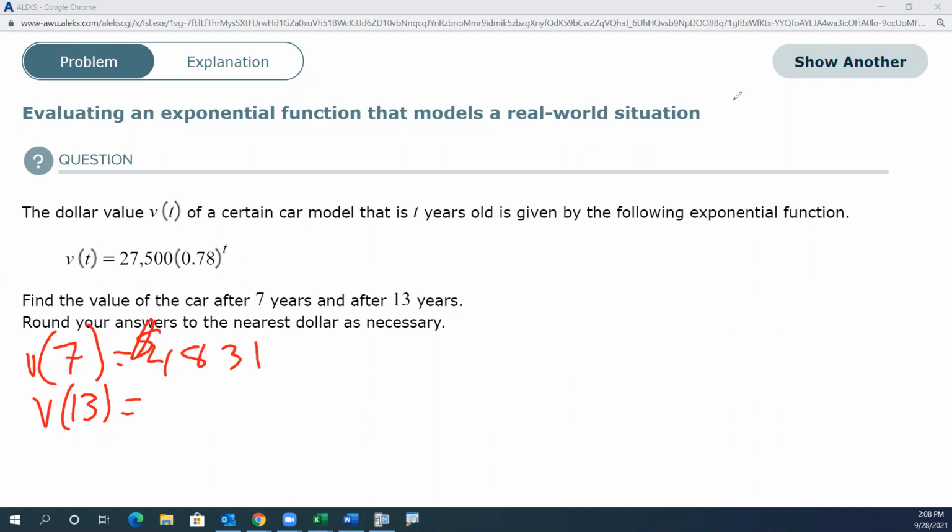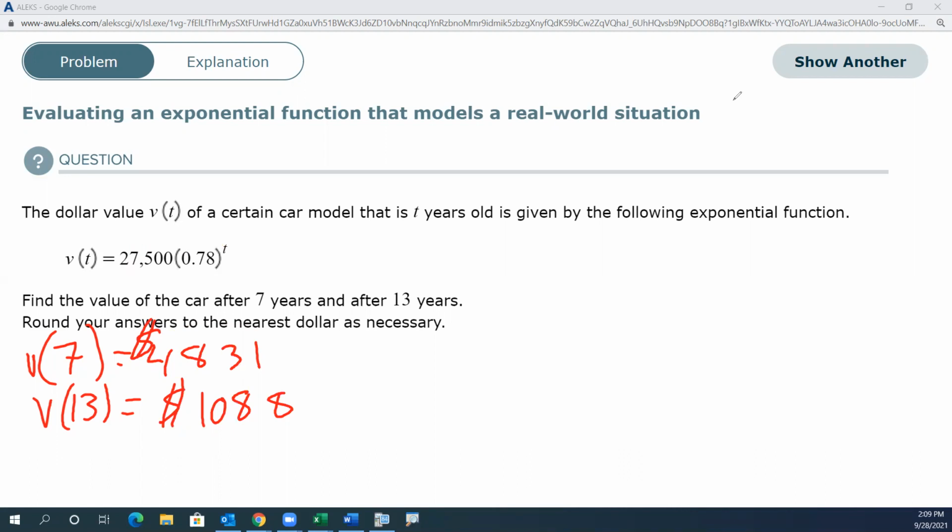Okay, well, what about 13 years? Now we're down to $1,088. I'm rounding this stuff, but that's okay. So, this is an exponential function. I know that because the independent variable is in the exponent. It's not linear. Notice, in 7 years, the value of the car goes from 27,500 to 4,800.